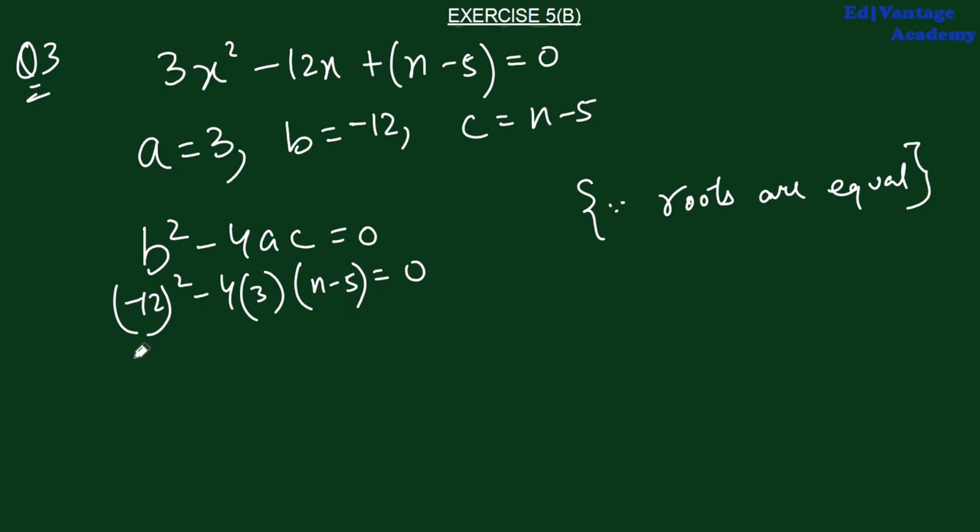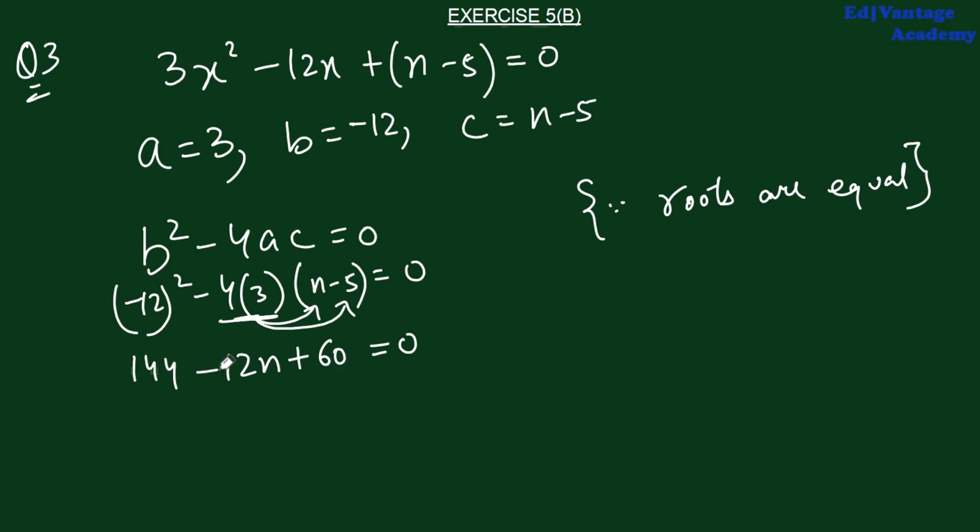Minus 12 whole square is 144. 4 into 3 is 12. This comes minus 12 into bracket. What is in the bracket? n and 5. So minus 12 into n, then minus 12 into 5. Minus 12 into n is minus 12n. Then minus 12 into minus 5 is plus 60 is equal to 0.